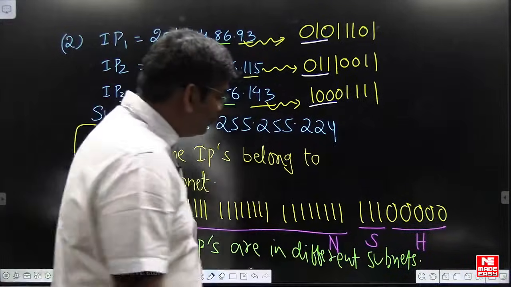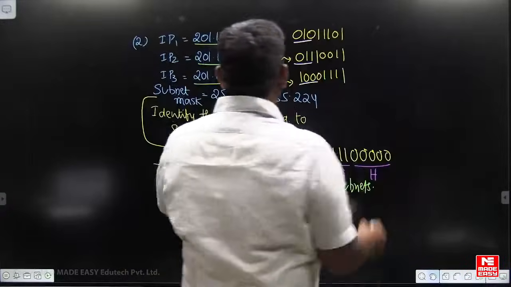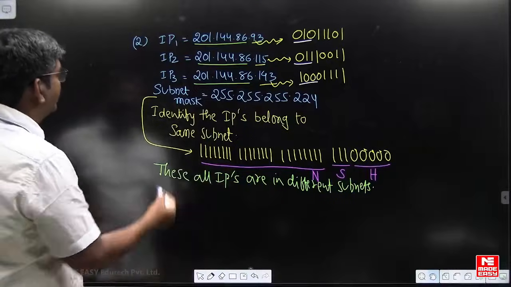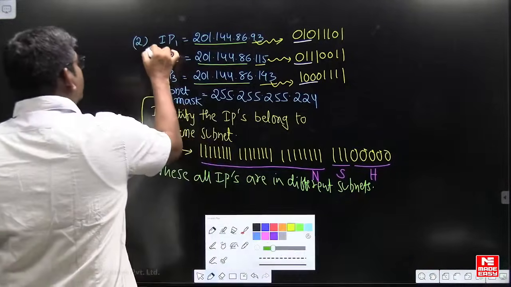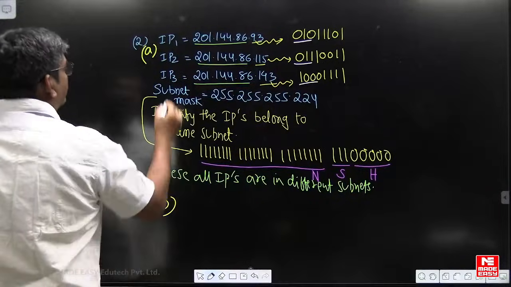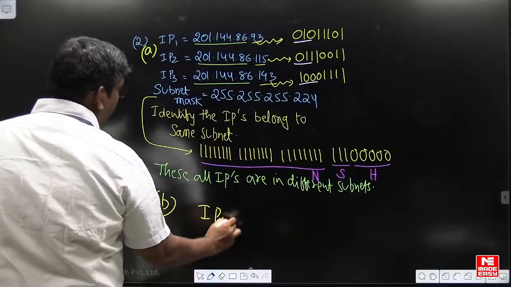Now see, if I would like to extend this question, sir, is it possible that we can convey that another IP belongs to the same subnet? For example, suppose this is the second question, B bit, in the second question B bit, suppose along with IP1, IP2, I have given IP4 also.